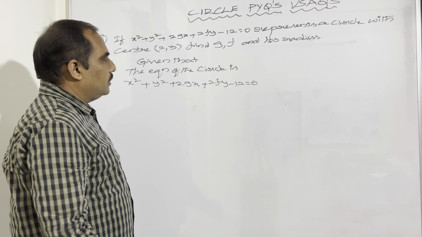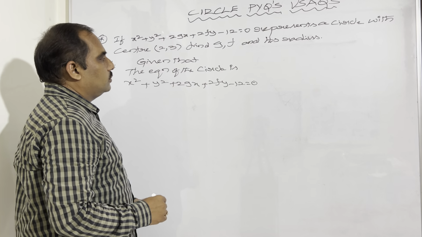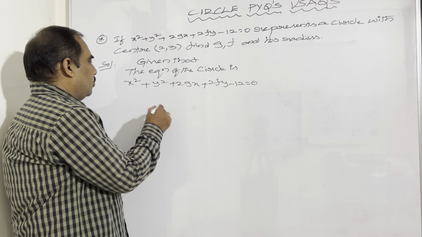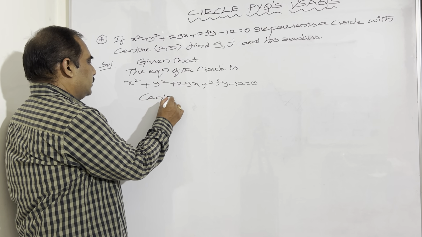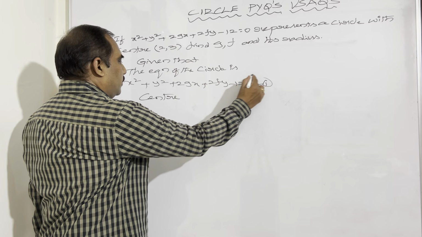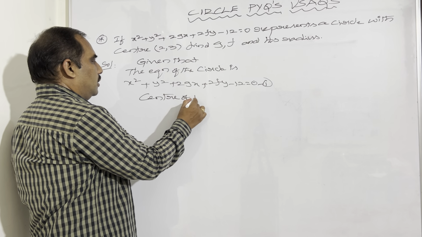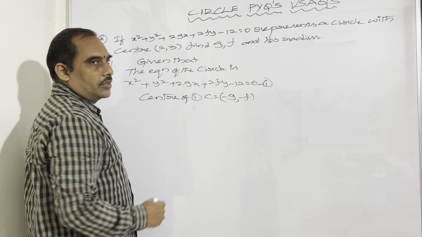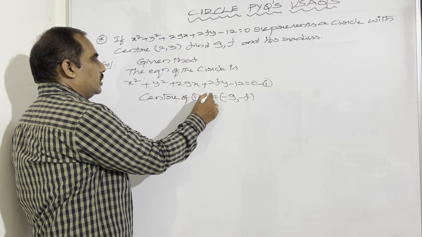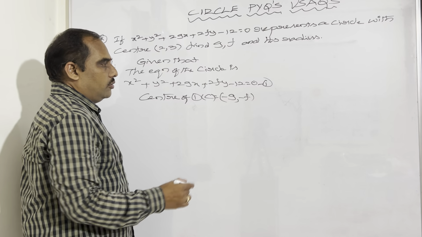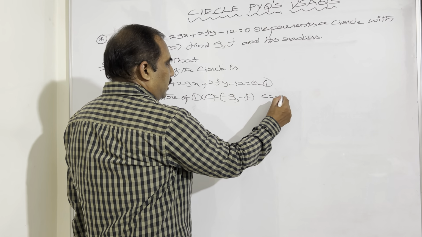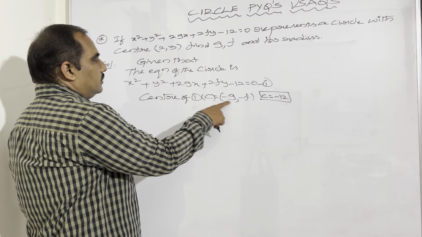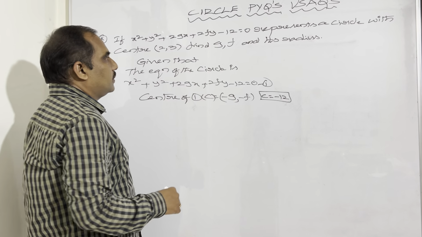If we compare this equation with x² + y² + 2gx + 2fy + c = 0, say this is 1, the center of 1 is (−g, −f), and the constant c is −12.